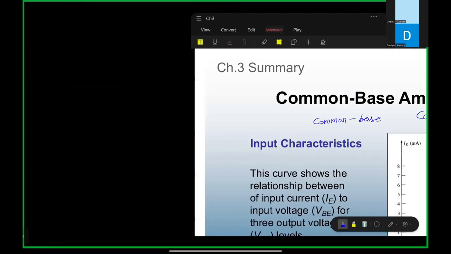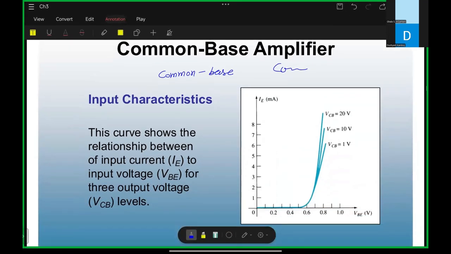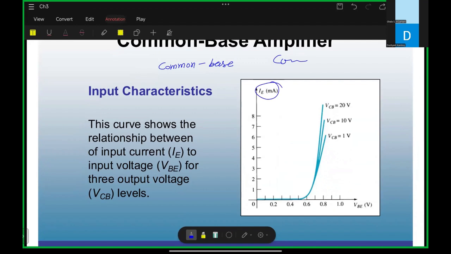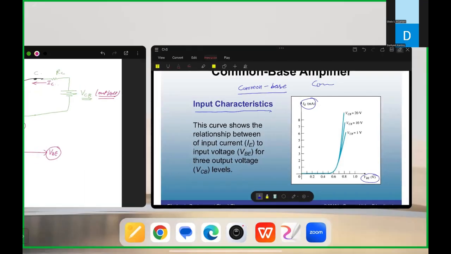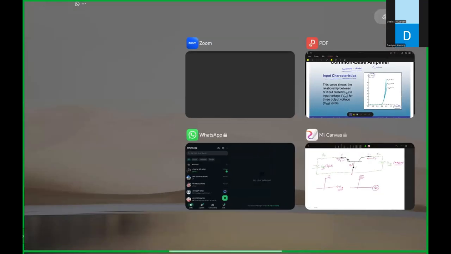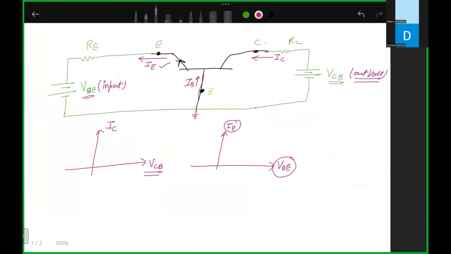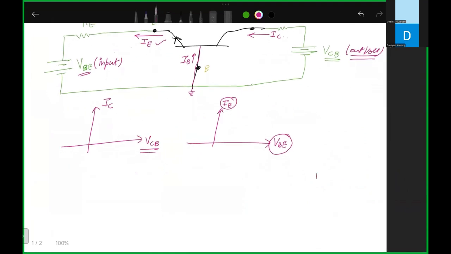So this is your input characteristic, IE and VBE. You can check here the input characteristic for common base configuration. Do you know the diode characteristics in forward bias? You apply the voltage here and that will be ID. Your diode characteristics look like this in the forward bias.